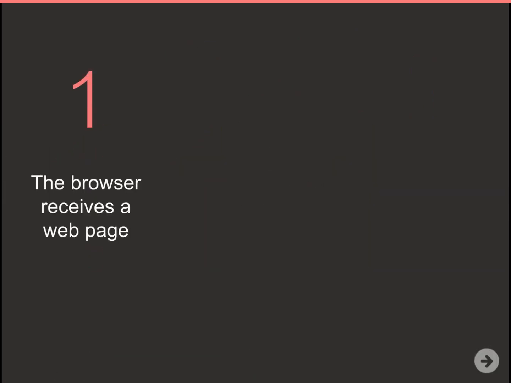For example, how does the browser process the page? How can the browser draw the page? The first step is that the browser will receive a web page. You open Google Chrome or Firefox, and then you click a link.